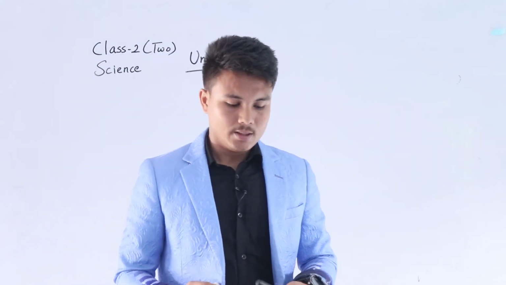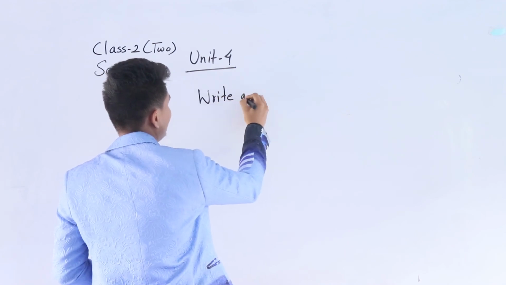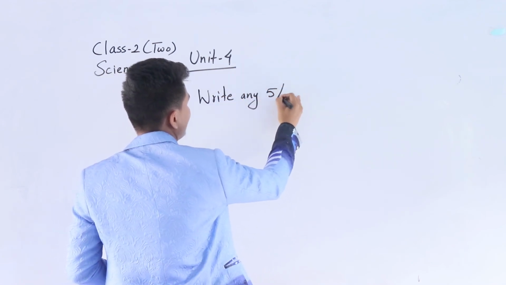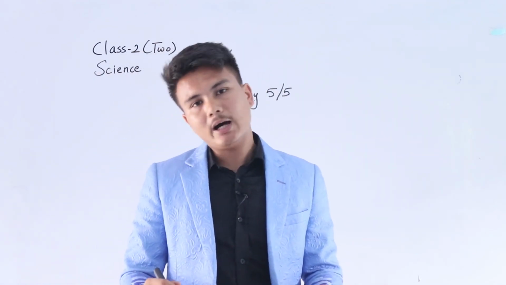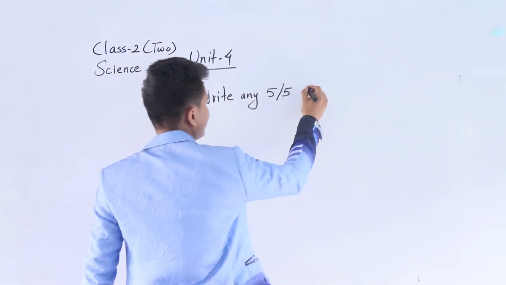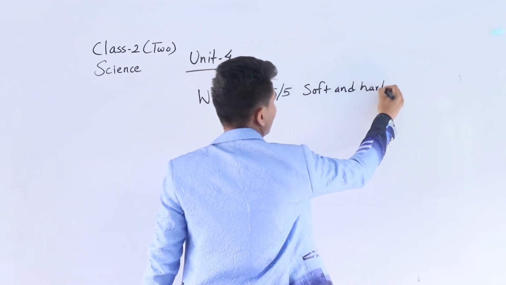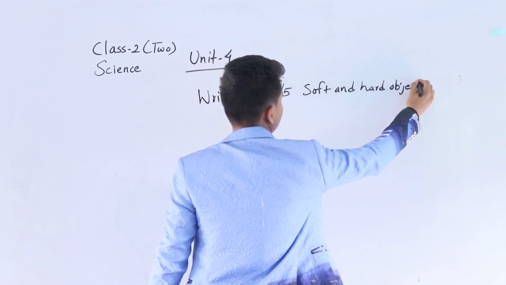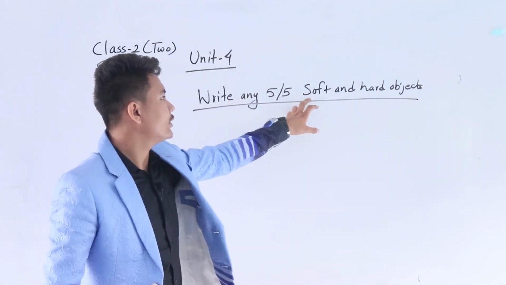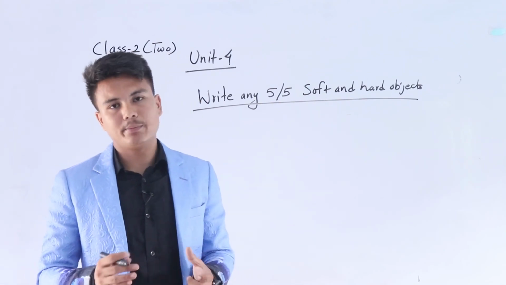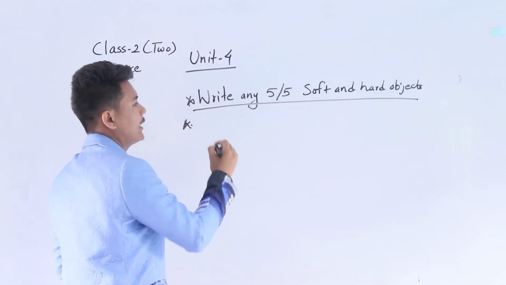Write any 5 soft and hard objects. Students, write examples of soft and hard objects around you. 5 examples of soft and hard objects.